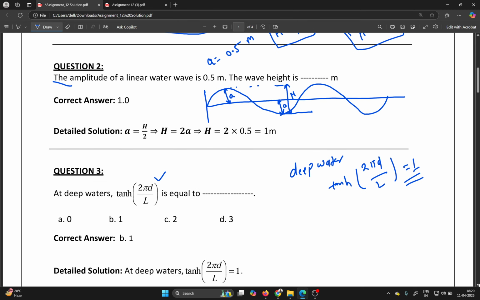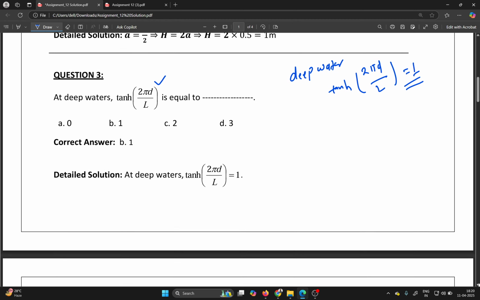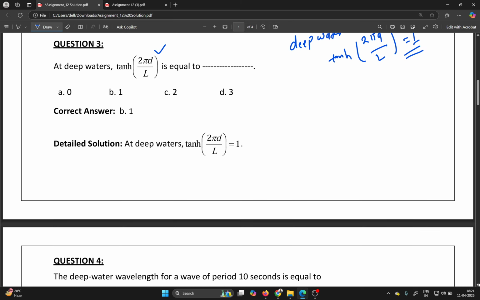Next question. Question number 4. A deep water wavelength for a wave of period T seconds is equal to. Here you need to calculate these two things. The condition given is deep water.